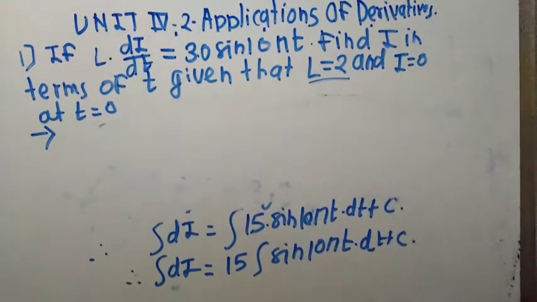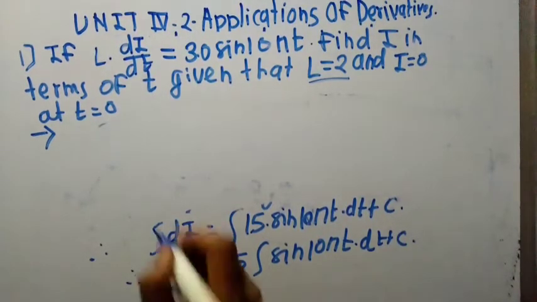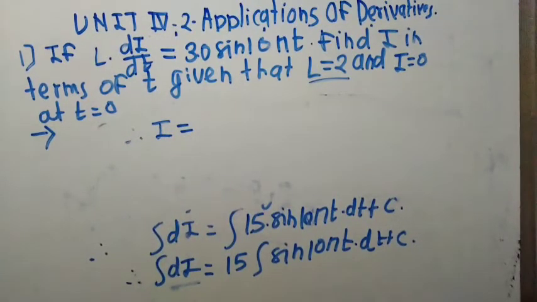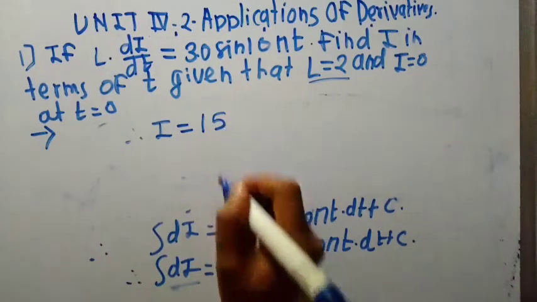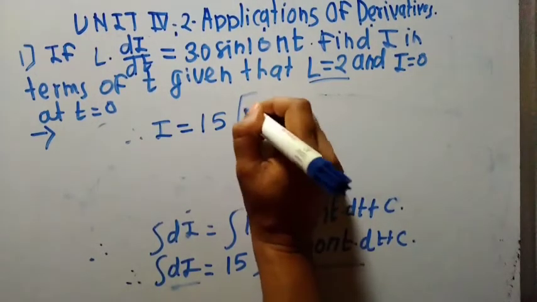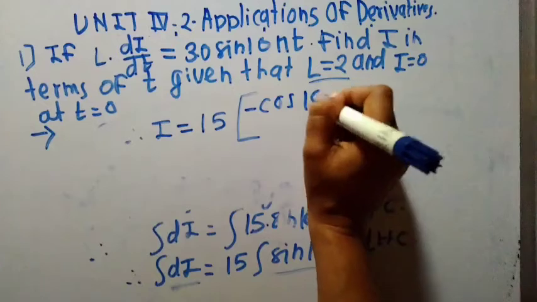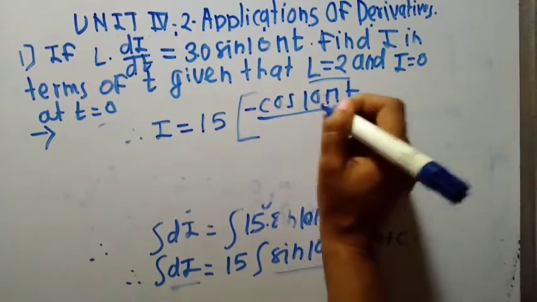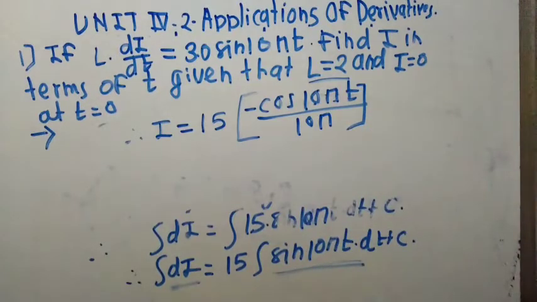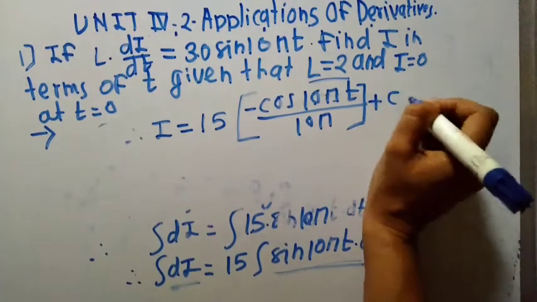But the integration of di is equal to I, which is equal to 15 into, and the integration of sine 10 pi t is minus cos 10 pi t divided by 10 pi, plus c.